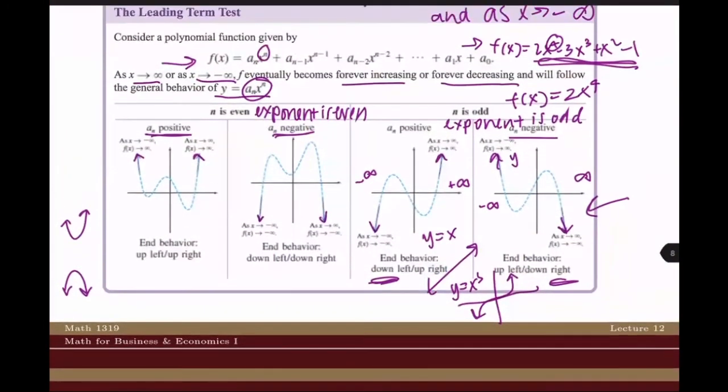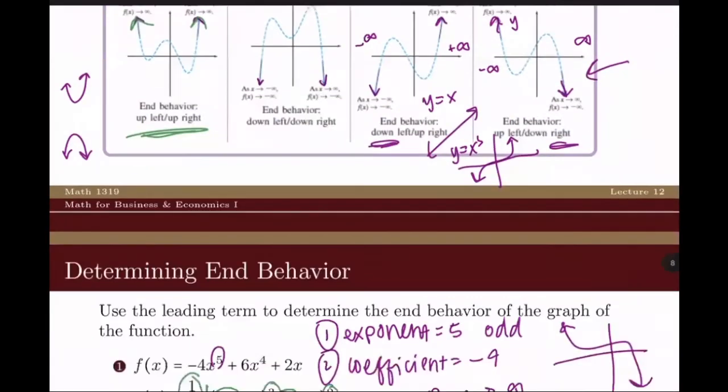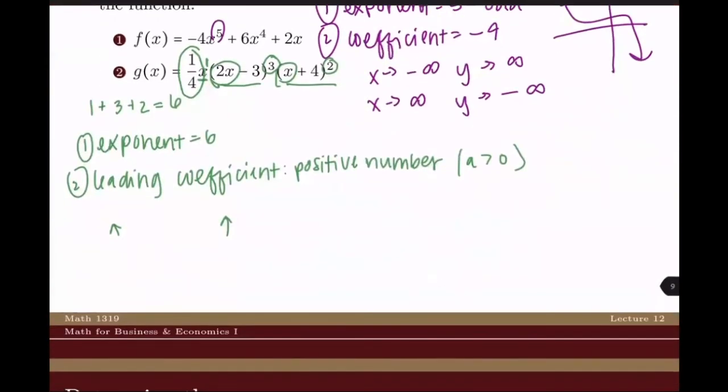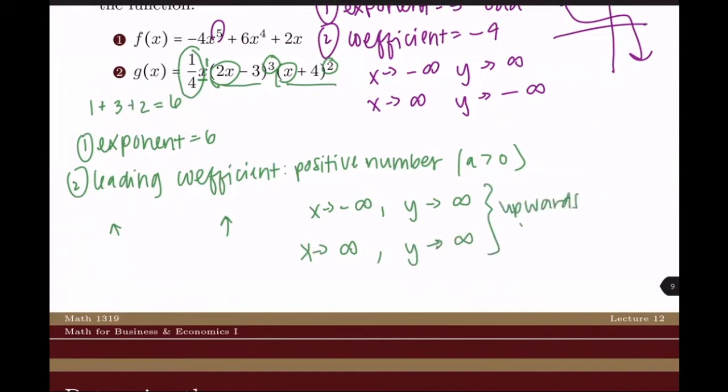According to this chart. So when you have a positive leading coefficient and an even exponent, both arrows are going to go upward according to my chart. So that means as x goes to negative infinity, y is going to go to infinity. And as x goes to infinity, y is also going to go to infinity. So this is the going upwards forever.